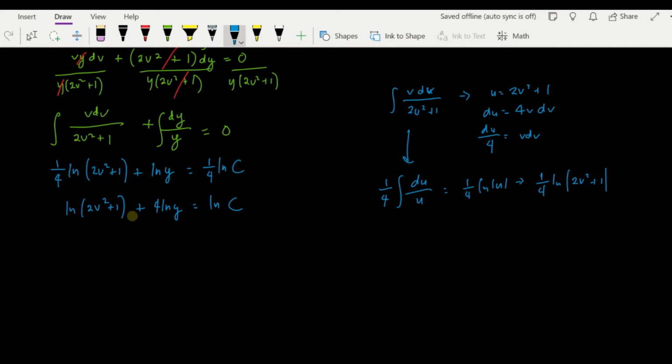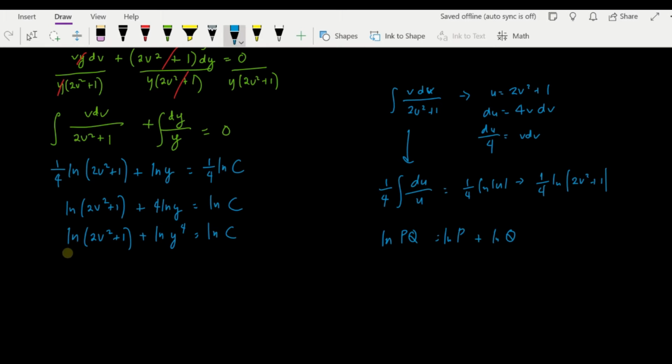So ito, pwede siyang maging ln of 2v squared plus 1 plus ln of y to the 4th, di ba? Bakit? Kasi, using the logarithm of power, itong 4 na coefficient ng ln pwedeng maging exponent ng y equals ln c. Dito naman, gagamitin natin yung logarithm of product. Diba ang logarithm of product, let's say ln of pq is equal to ln p plus ln q.